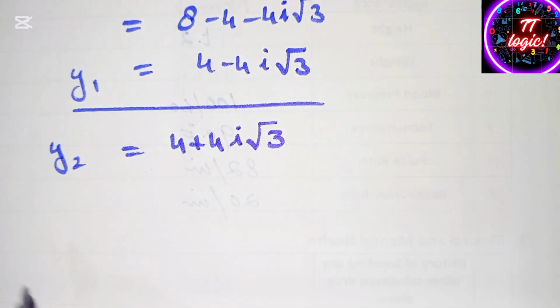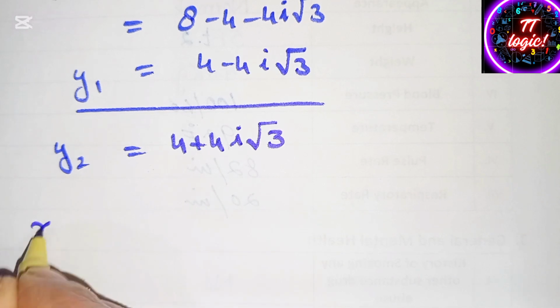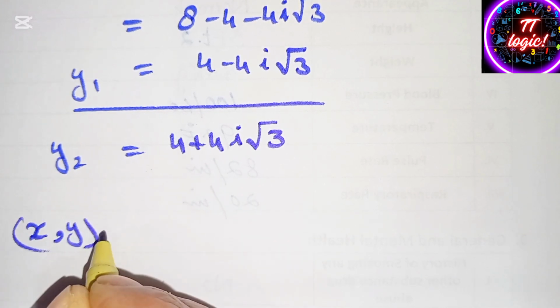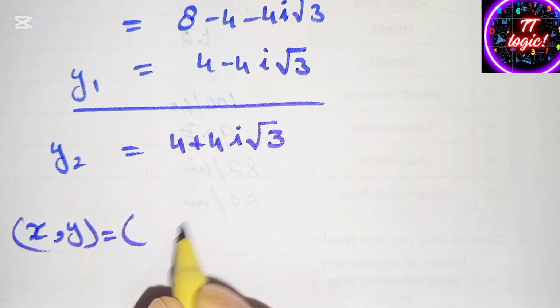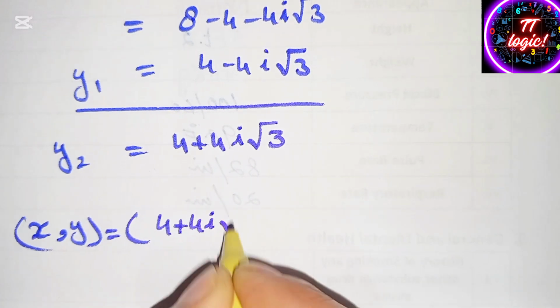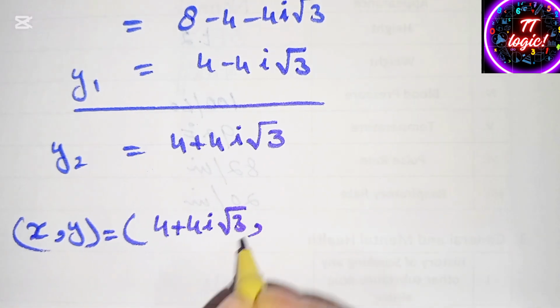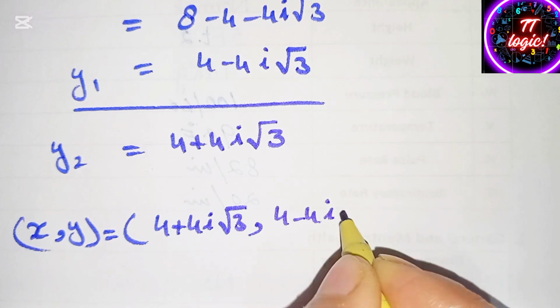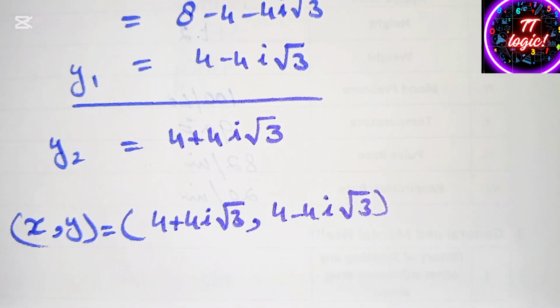Now x and y: the x value is 4 plus 4i square root 3, and the y value is 4 minus 4i square root 3.